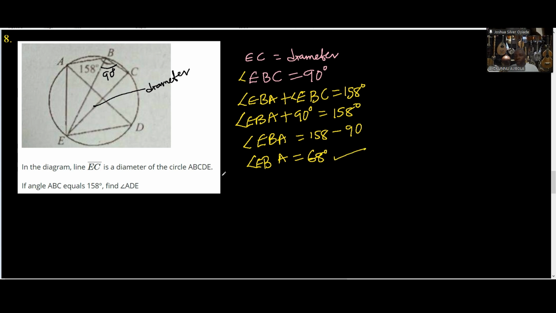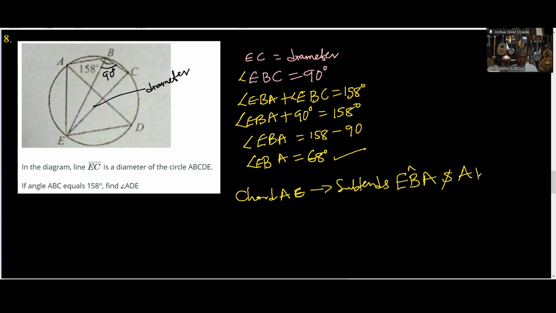Yes. So if we look at chord AE, it is the one that subtends angle EBA, and it also subtends the angle we are looking for, ADE.